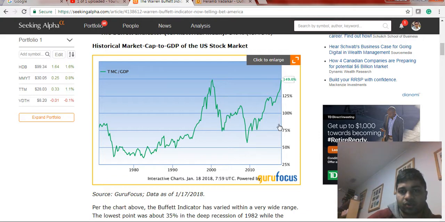If it is too low, somewhere below, let's say 80 or 85, you increase your allocations to equity. So simple rules: if it is below 90 or 85, you allocate more towards equity. If it is near about 150 or it is crossing 150, you reduce your allocations to equity and you go into safe assets.